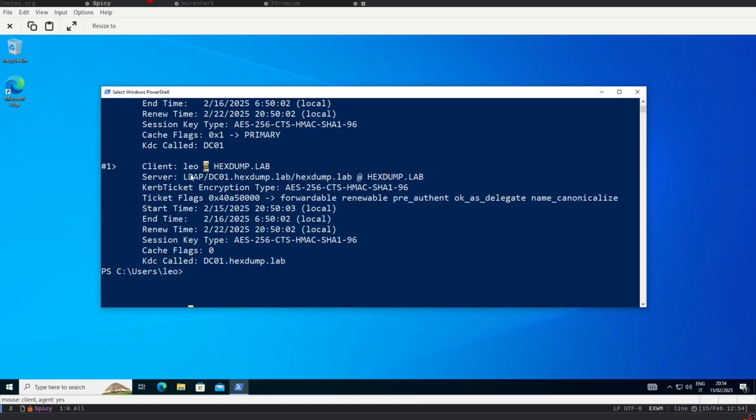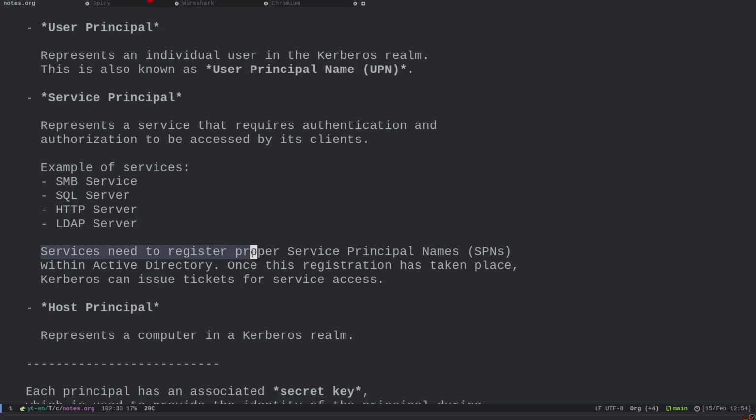Notice that they have this common pattern: some text, then the symbol @, and then the name of the Kerberos realm. Services need to register proper service principal names, SPNs, within Active Directory. Once this registration has taken place, Kerberos can issue tickets for the registered services.